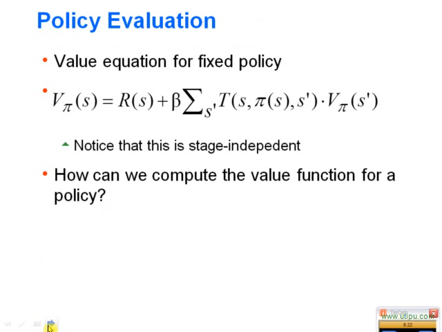this is what I showed you as the value V pi of S being connected to value V pi of S dash, where S dash is a neighbor of S, using this.